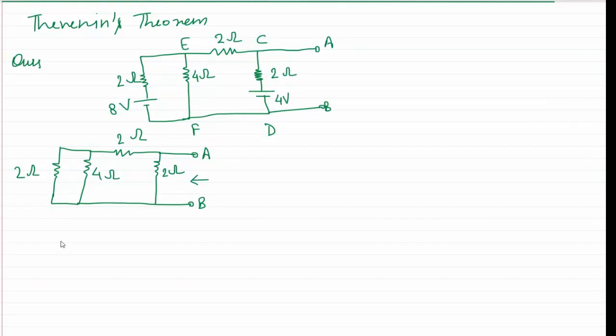So we can do star delta transformation, no sir? Delta to star. Here. Okay, this is delta. Yes, this is delta. So if you convert it into star, it will be like this.